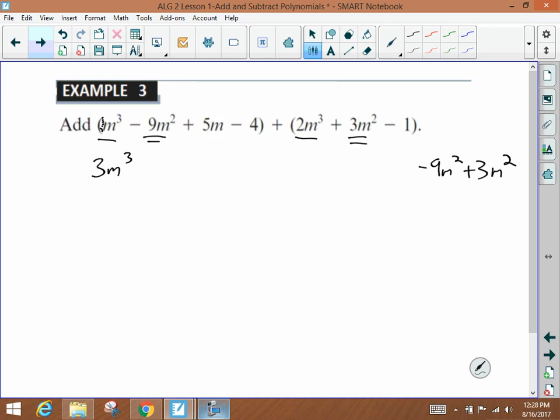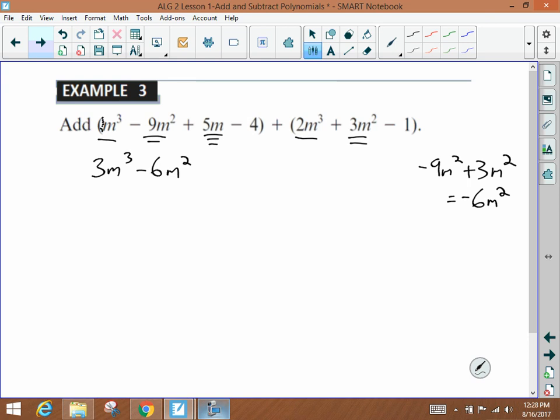I'm going to add my coefficients. Negative 9 plus 3 is going to be equal to negative 6m squared. So, negative 6m squared. And I'm just taking it real slow, showing you the little in-between steps. You don't have to do that if you have a good handle on this.